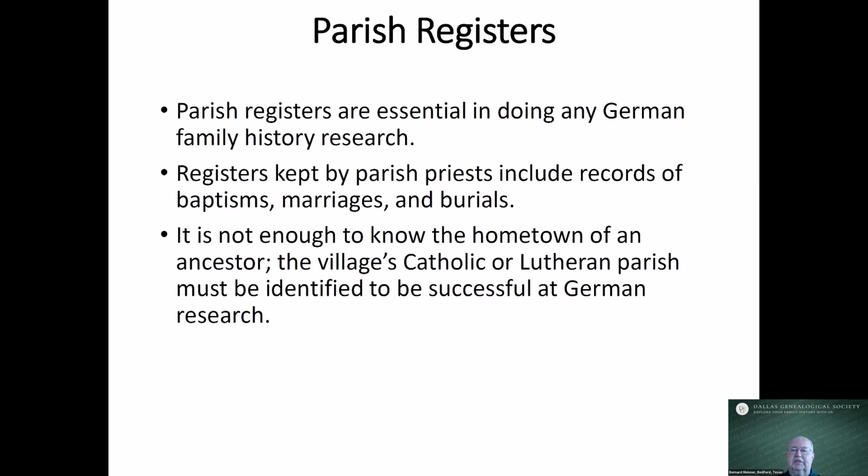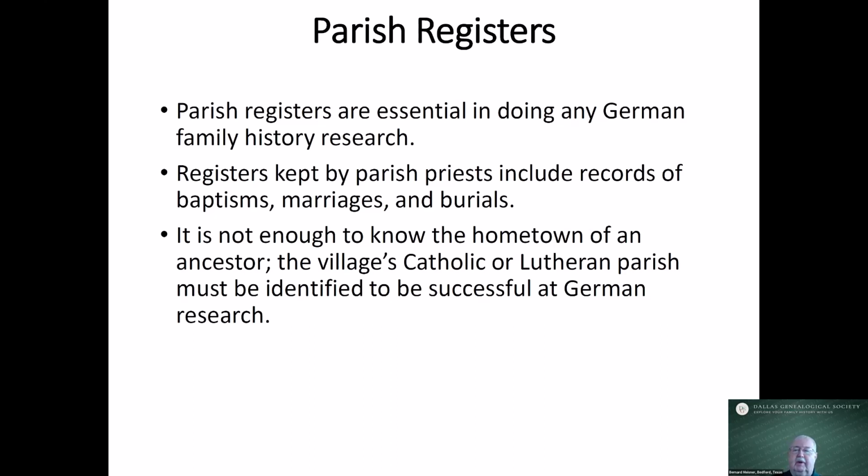Now, the parish registers will include records of baptisms, not births, marriages, and burials, not deaths, although often at least the dates are going to be very close, and in many cases, the location. So you should know, before you try to go into these parish registers, because they're all done locally, the name of the hometown where your ancestors were living, and ideally, what religion.